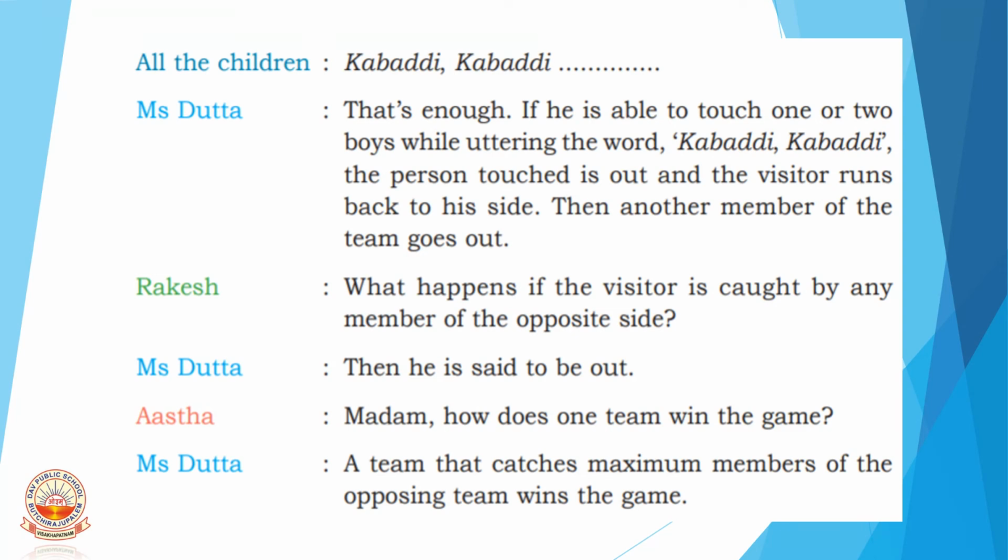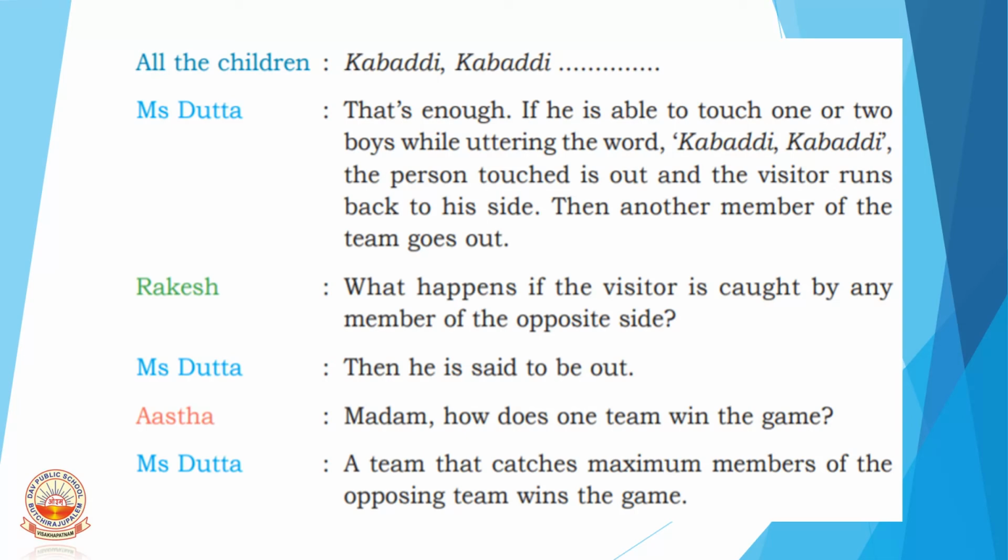Rakesh: What happens if the visitor is caught by any member of the opposite side? Datta: Then he is said to be out. So when this visitor goes into the opposing team, and if he gets caught by that team, then he is out.